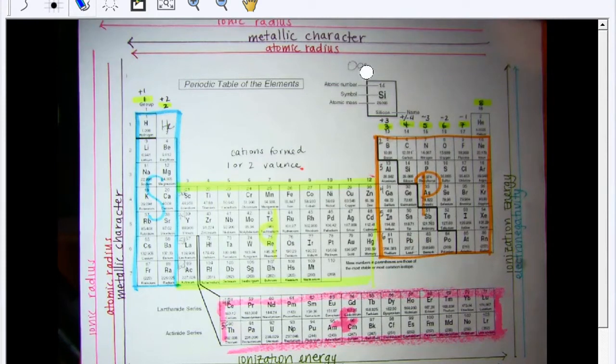Your smallest thing is to the right, your largest thing is to the left. So if we were to compare things, if we said who was smaller, selenium or bromine? Bromine is smaller because it's further to the right. Selenium is larger. If I would say who is smaller, nitrogen or bismuth? Nitrogen is smaller because it's further up.